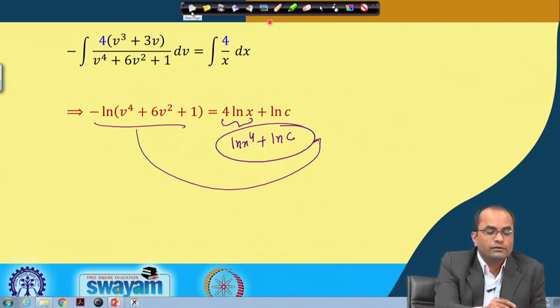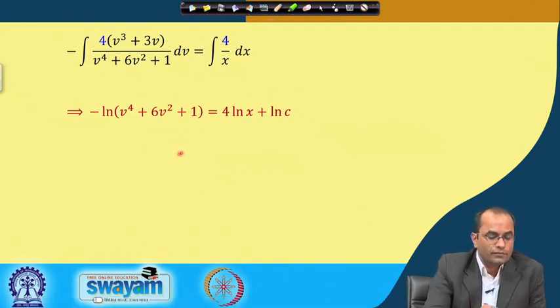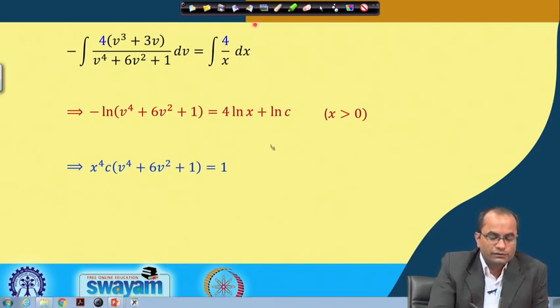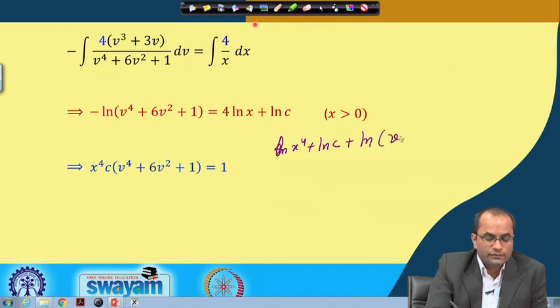So, just one step before, what we will get is ln x^4 plus ln c, and also ln (v^4 plus 6v^2 plus 1) is equal to 0.